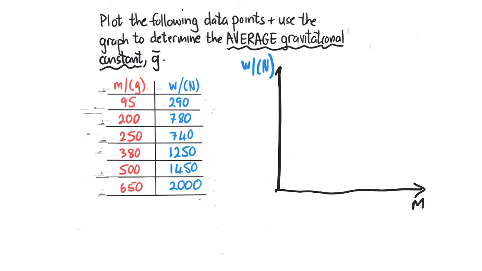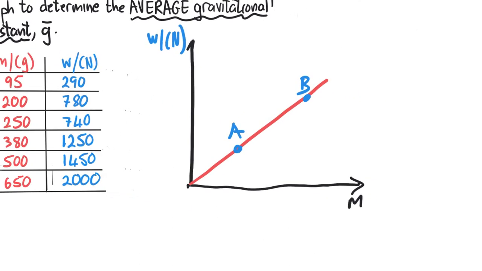And we are going to get a straight line, as we got in class, which starts at the origin, and we are going to identify 2 points. Let's call them point A and point B, and we are going to determine x1 and x2 and y1 and y2, and x1 and y1, those are the coordinates for point A, and x2, y2, those are the coordinates of point B.